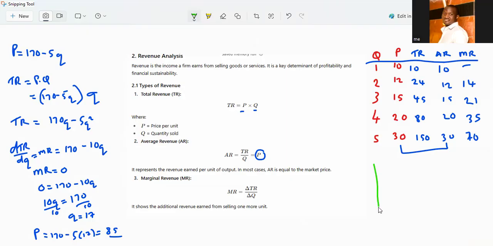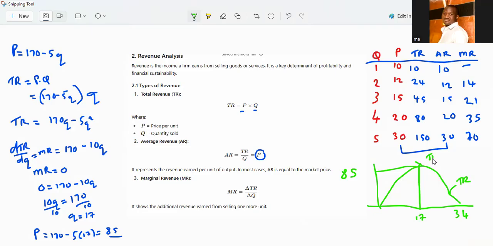Okay, so don't mind my graph. Yes. Total revenue maximizes at the price of 85, and the number of units that will maximize is 17. So this is half of this, meaning here we're going to have 34. So this is our total revenue function. Revenue is maximized at this point.